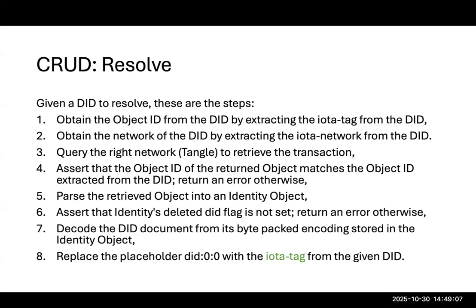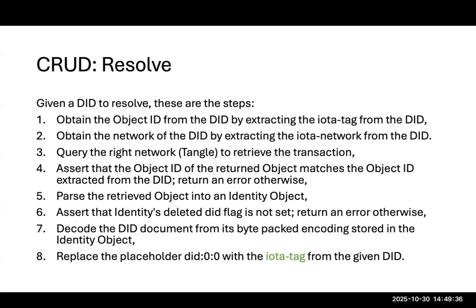You make it and you essentially retrieve the transaction. At that point, you have to assert that the object ID of the returned object matches the object ID extracted from the DID. Otherwise, of course, you are resolving something different, and so you return an error in this case.